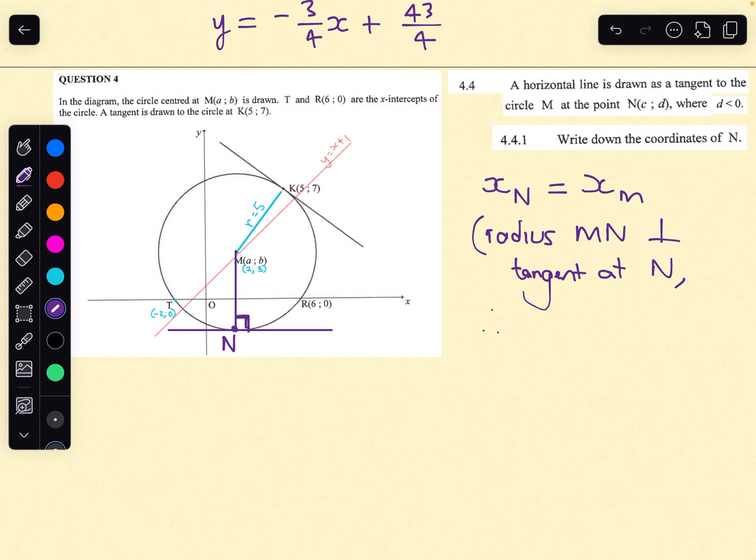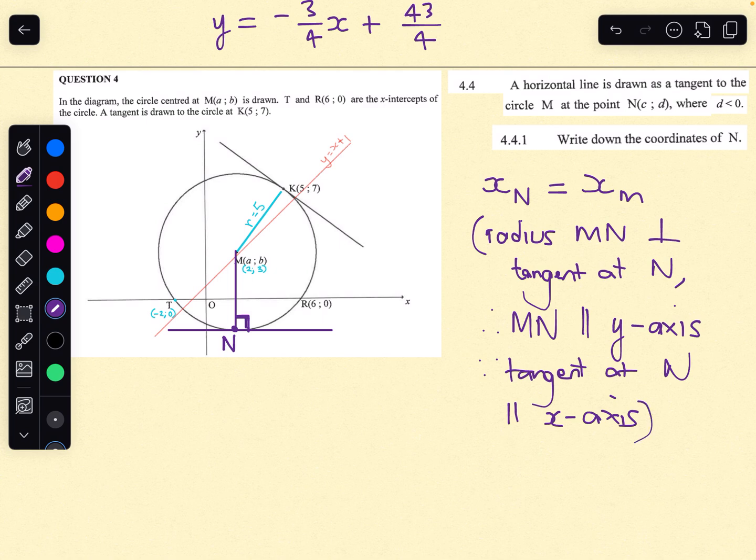So that means that MN is then parallel to the y-axis, because the tangent at N is parallel to the x-axis, right? In other words, because we've been told that this is a horizontal line, then we know that this is a vertical line, meaning that the x coordinates stay the same, the y coordinates are the only thing that change, right? So that means that the x coordinate of N is indeed 2.